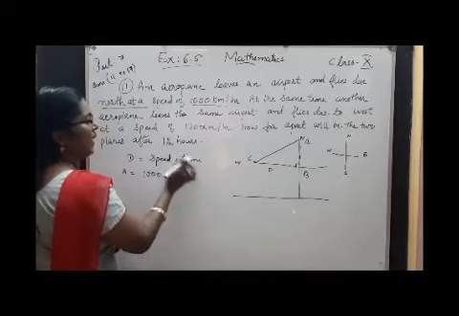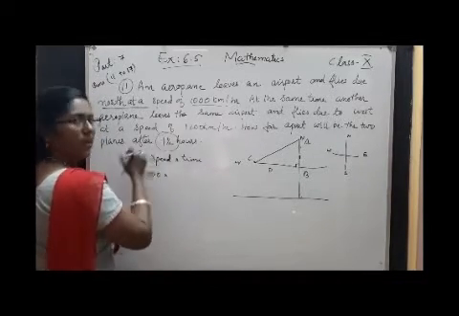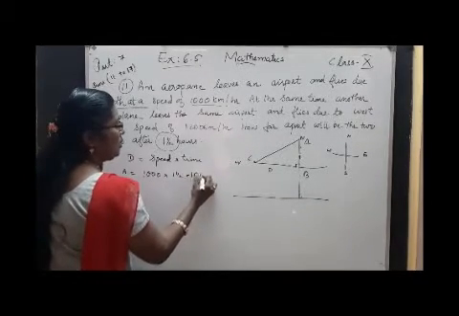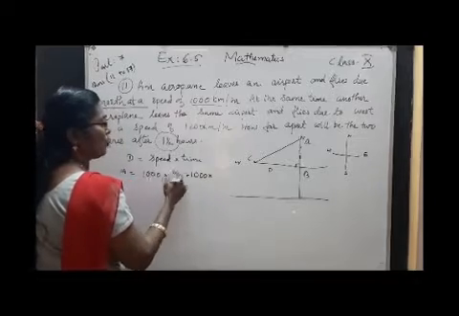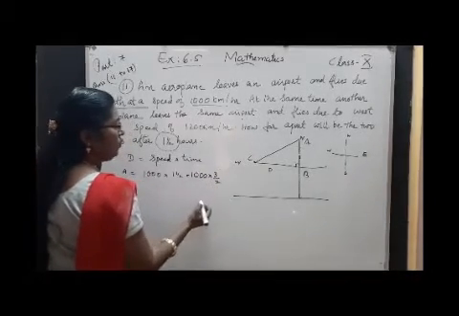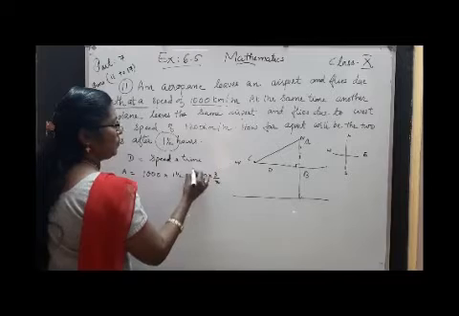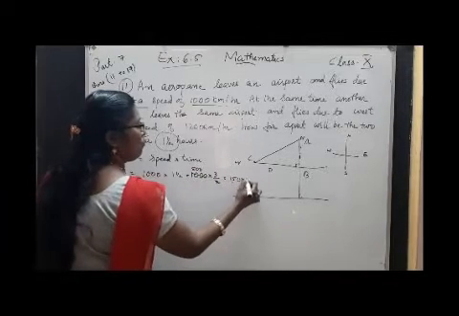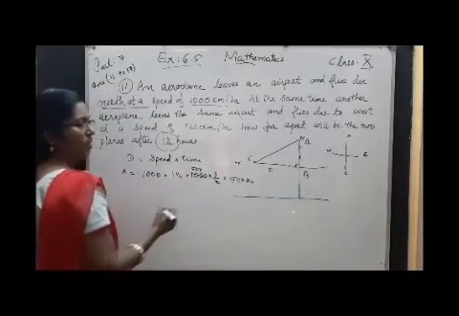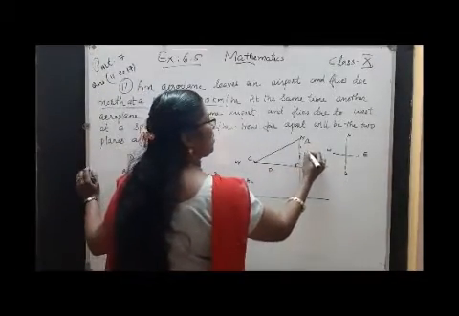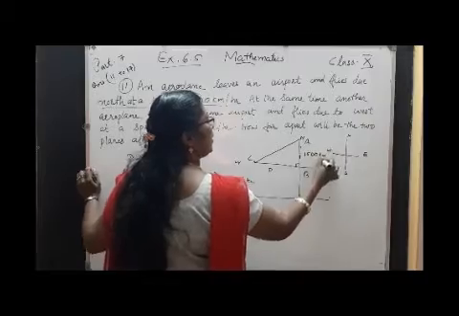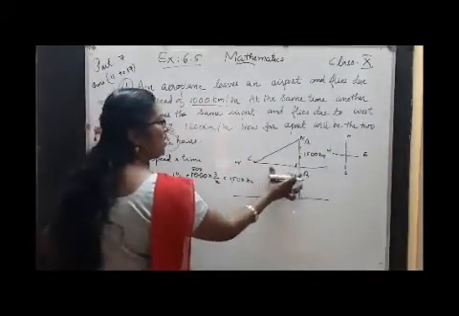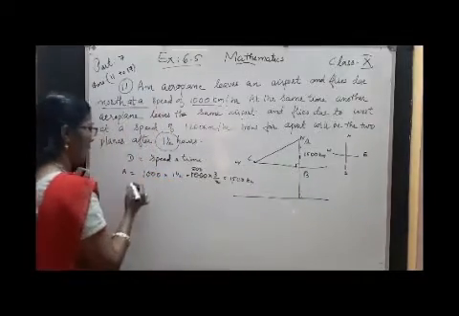1000 into time. Time taken is 1.5 hours for both. That is 1000 into 1.5, convert it as an improper fraction, 3/2. This is 1500 km. Here the distance is 1500 km. Then to find the distance of CB, that is also speed into time.